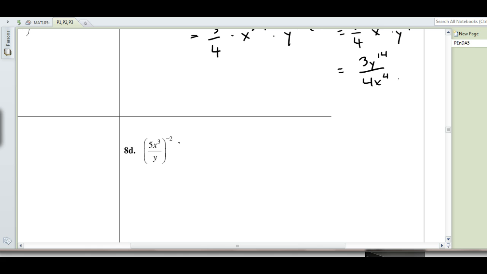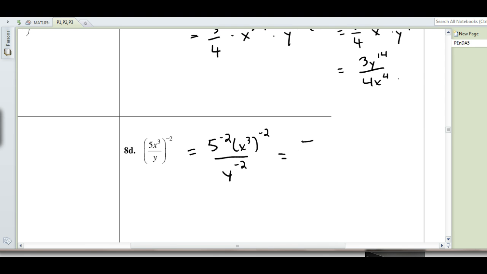We need to take this negative 2 and distribute it to all parts of the fraction. So we're going to do 5 to the negative 2, x cubed to the negative 2, and y to the negative 2.